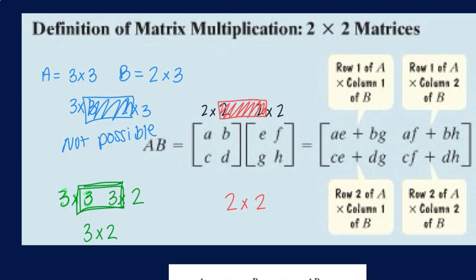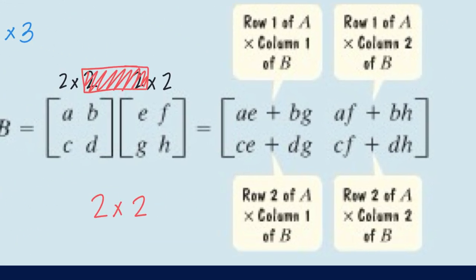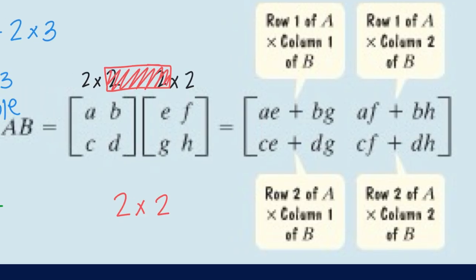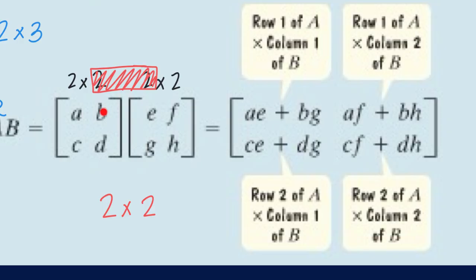All right, so looking at this, what you're doing is multiplying and adding. This chart looks a little bit confusing, but once we get to the examples, it'll all make sense. Let me show you briefly how to do this. You're going to look at the rows, and then you're going to do the columns.